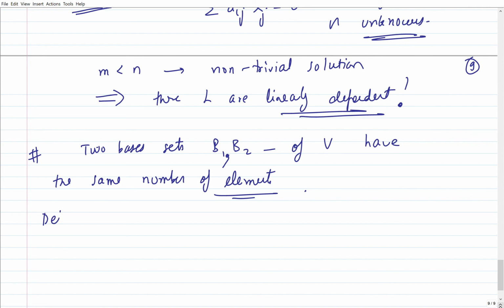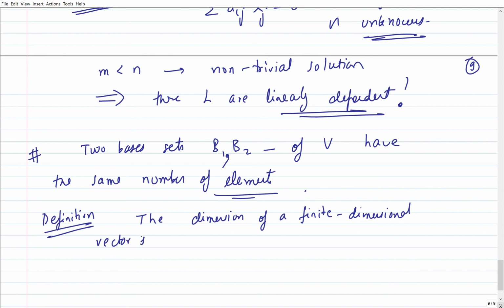Finally, we come to the definition of the dimension of a finite dimensional vector space V: it is the number of vectors in a basis.